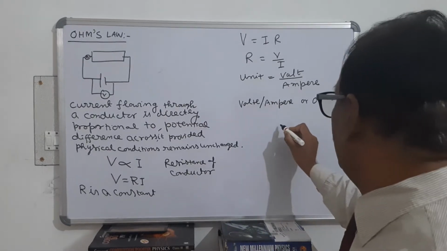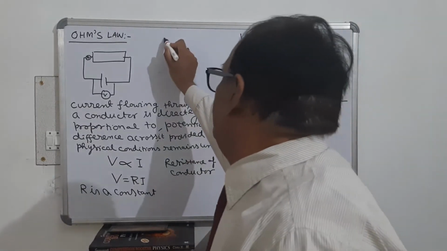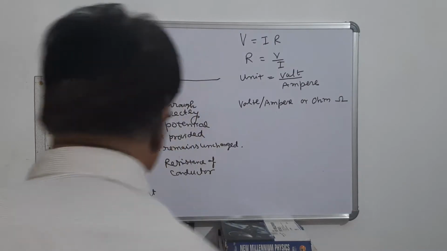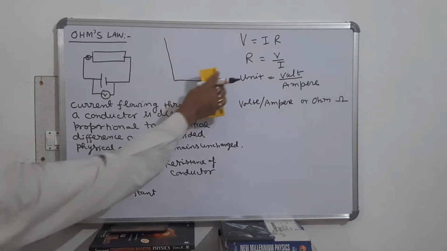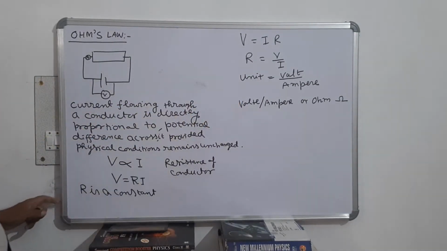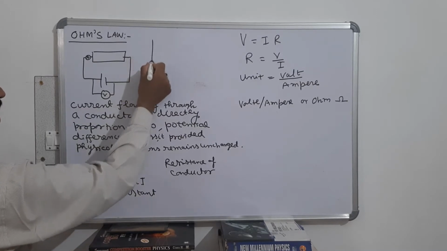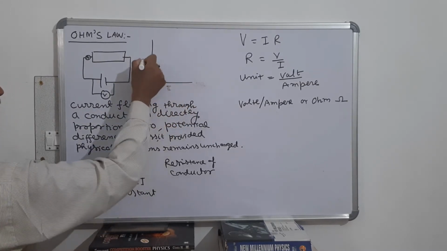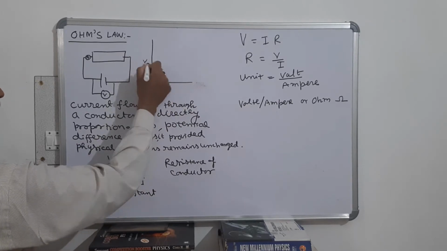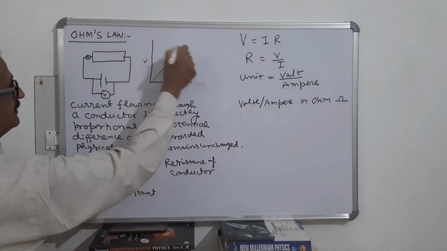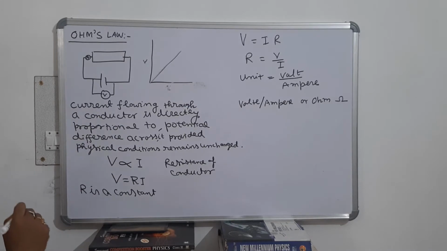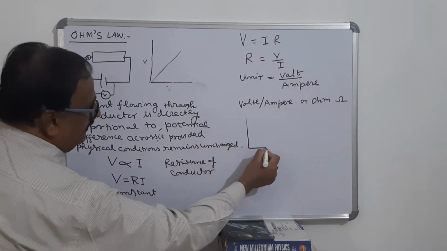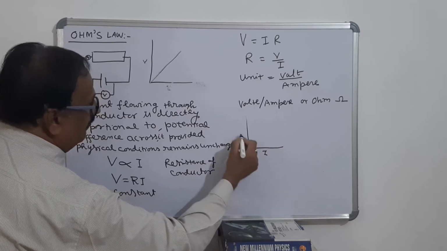Now if you plot a graph between voltage and current, then the graph is like this. And if the graph is not like this, then it means it is not following Ohm's law.